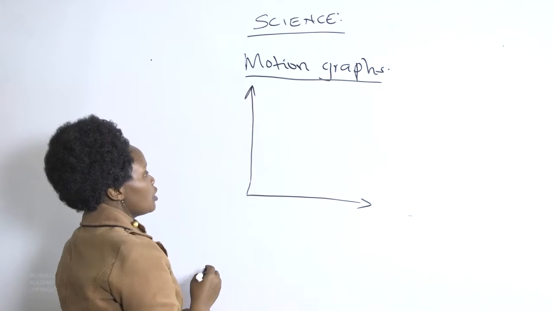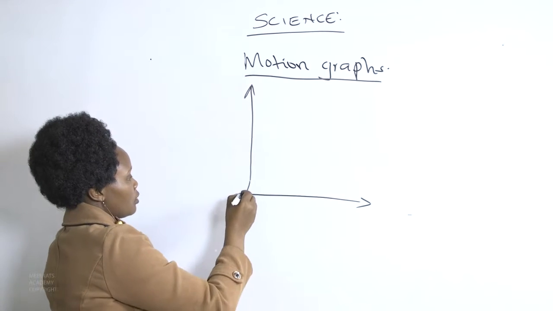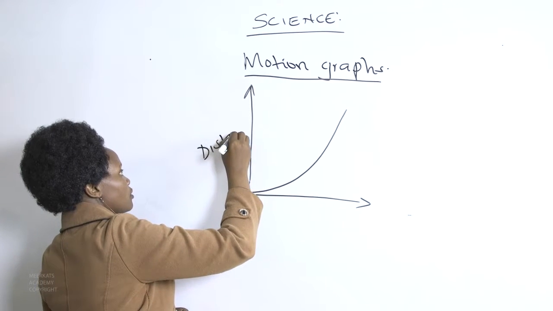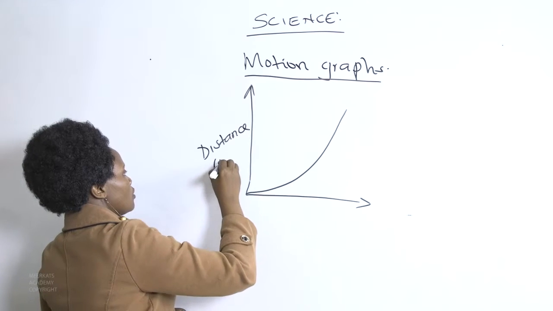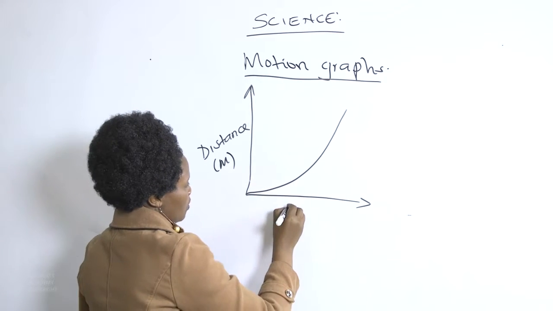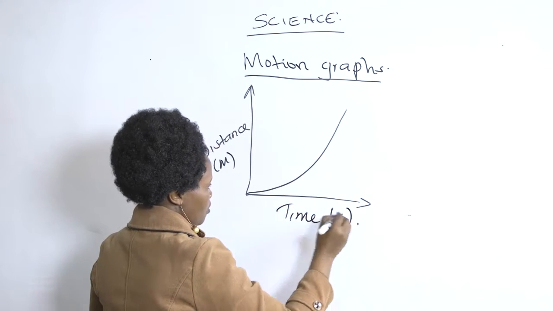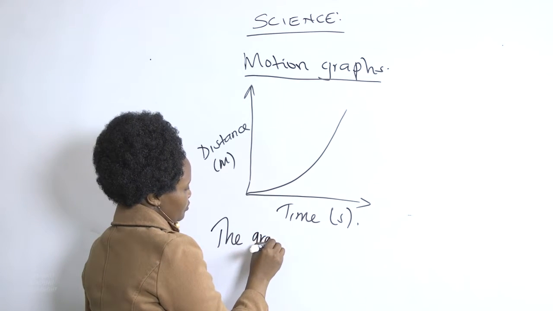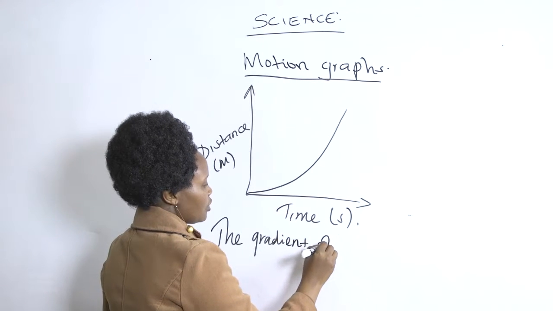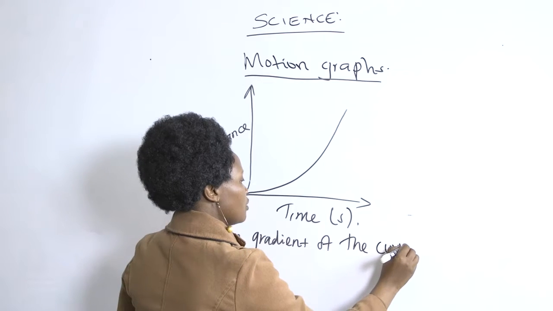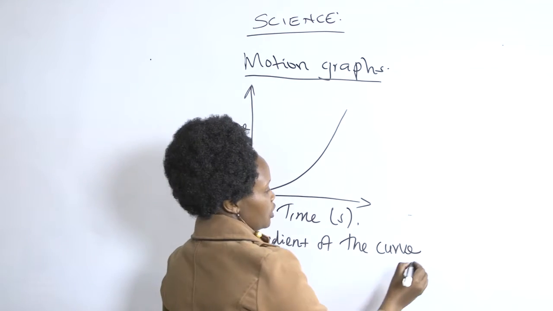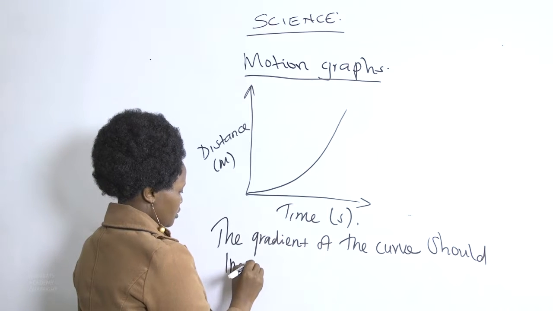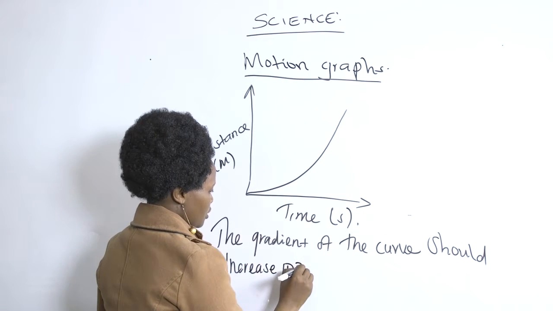And the graph is actually a curve and the gradient of the curve should increase with time.